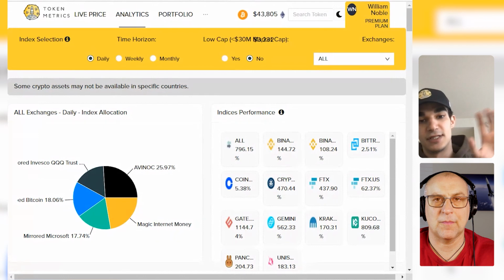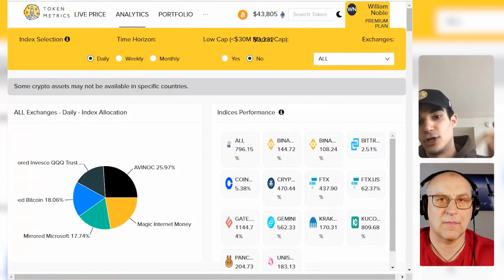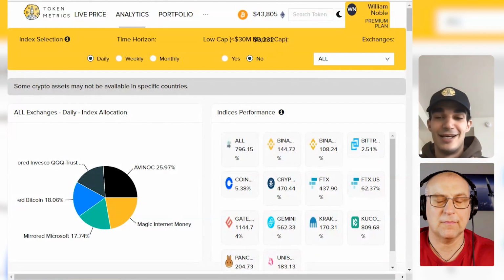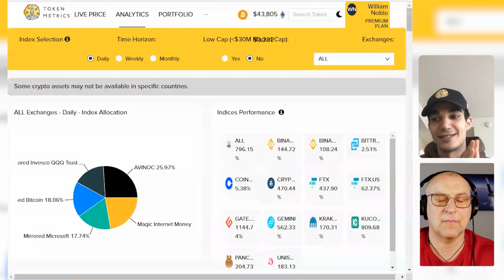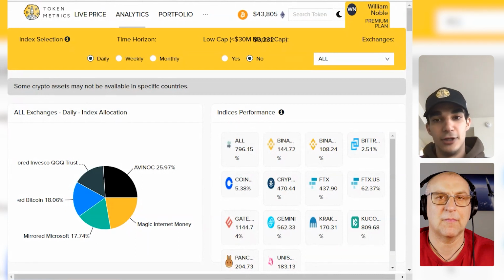So we usually start seeing the all exchange being the most conservative, the first one to do so. And if you look at the performance of the all exchange and the statistics, you can see that the max drawdown of this specific index is around 30%, including the big drop from November and December, which really shows that it's very good in terms of risk-adjusted returns.